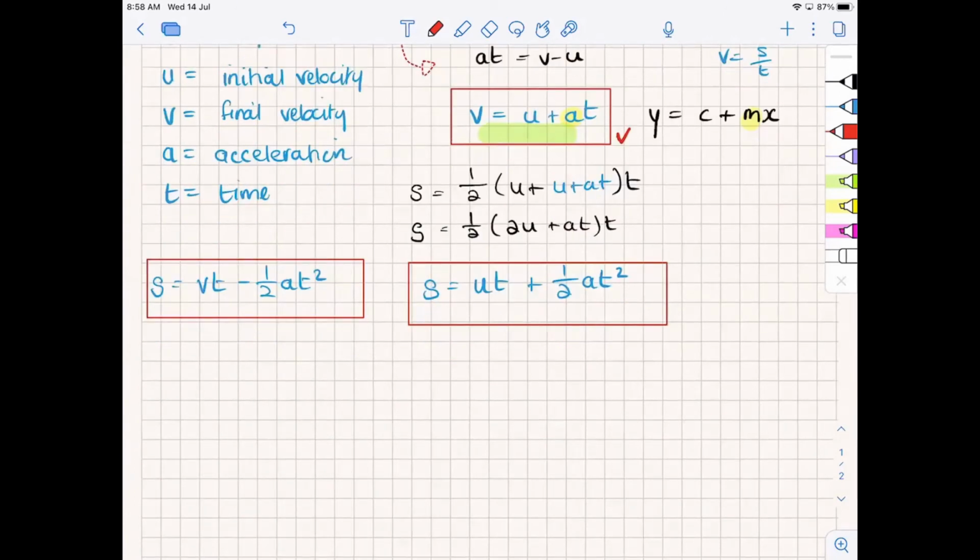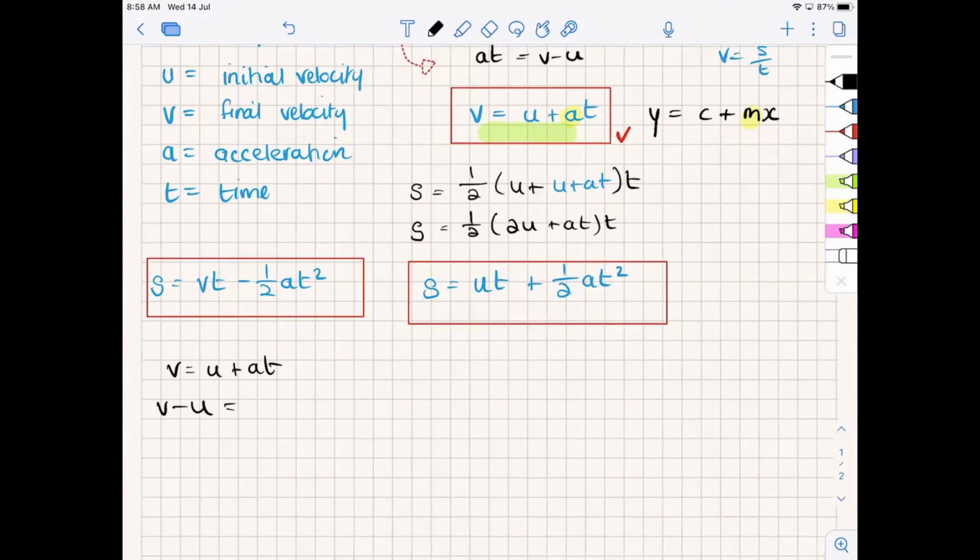So we can do this all at once: v equal to u plus at. We're going to move the u to the other side. We're going to get v minus u equal to acceleration times time. Therefore, time is equal to v minus u all over a.